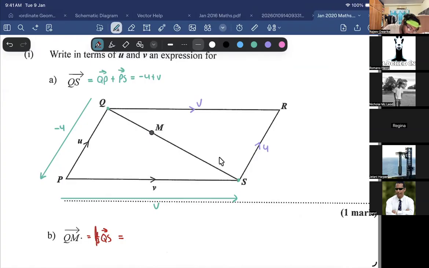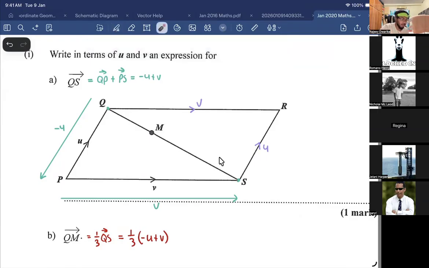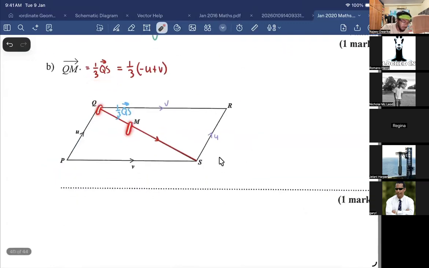I really feel you're overthinking it. It's real simple. QS is just minus U plus V. Gary, let me know if you understand what I'm saying. Yes, sir. You sure? Like, watch. QM is just a third of QS. We could see that QM is a third of the entire thing.